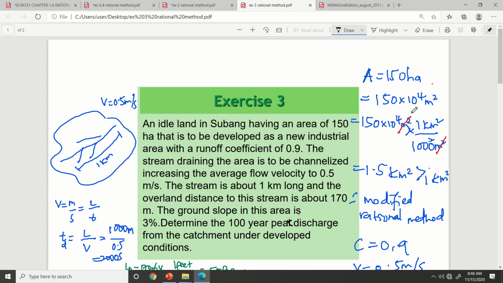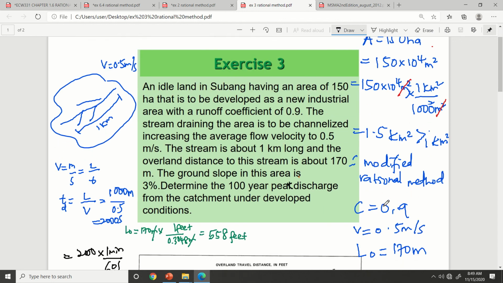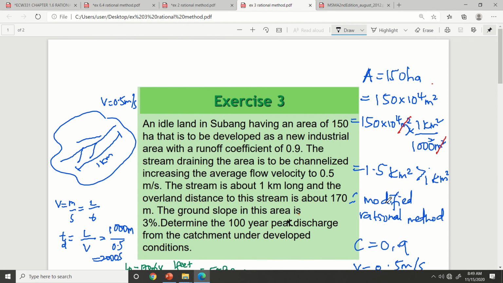If I convert, 1.5 is greater than 1 kilometer squared, so I use the modified rational method. So I have to find out CS.